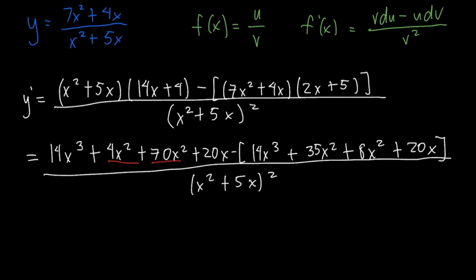So let's combine 4x squared and 70x squared. Then let's distribute the negative sign there.